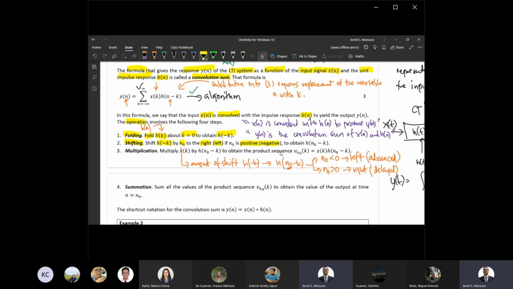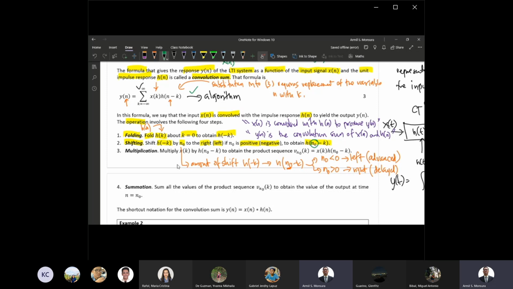So, we're here at h of n0 minus k. Now, why is it h of n0? Because that n0 is actually a particular value which will later determine the sample value we are computing at a particular time index.